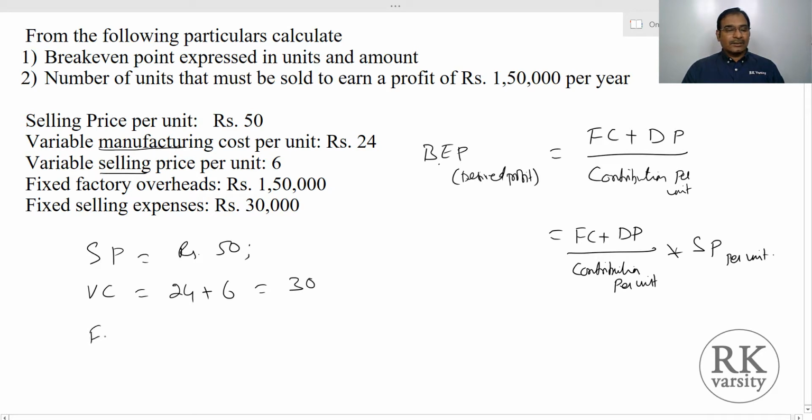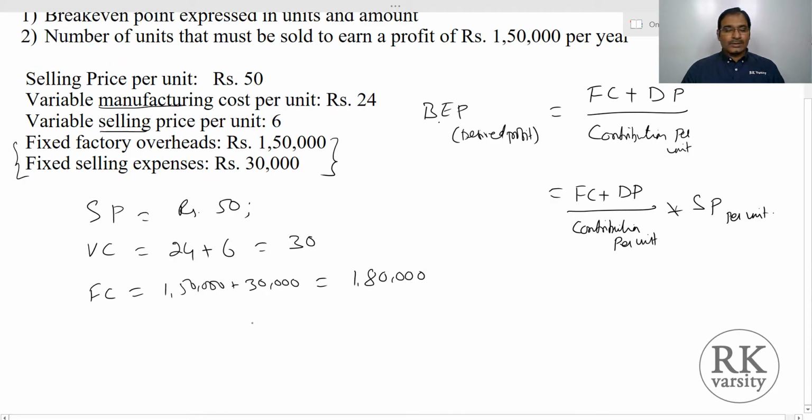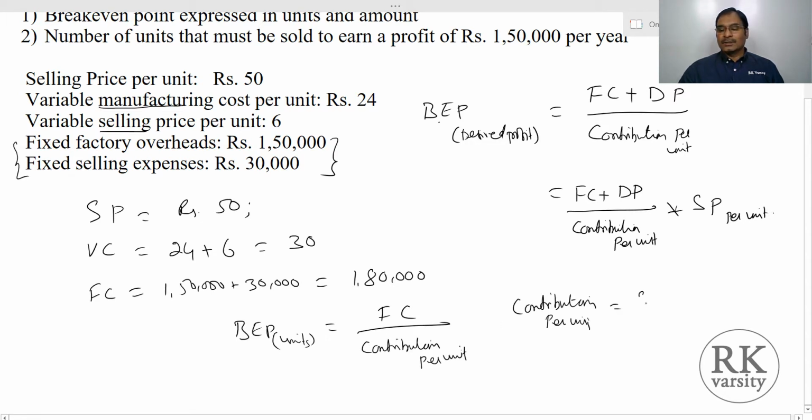And then your fixed costs. Here you have two components of fixed cost: one is the factory overheads and the second is the fixed selling expenses, that is 1,50,000 plus 30,000. So this equals 1,80,000 as your total fixed cost. Now, your break-even point in terms of units equals fixed cost by contribution per unit, and contribution per unit is selling price per unit minus variable cost per unit.